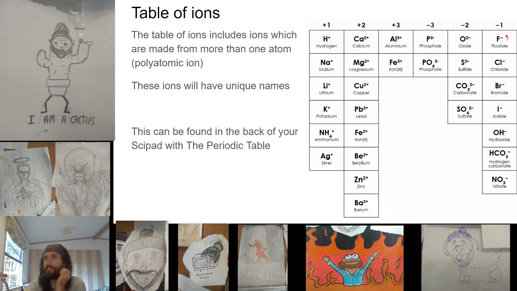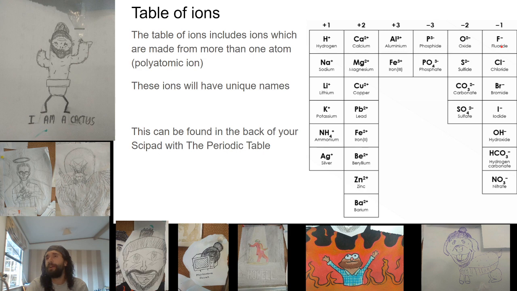If we move over here to the negative ions, we have fluoride, chloride, bromide, and iodide. All of these atoms have 7 electrons in their outer shell. They want to gain 1 more electron to get a full outer shell. So when they gain that 1 electron, they get a charge of -1.